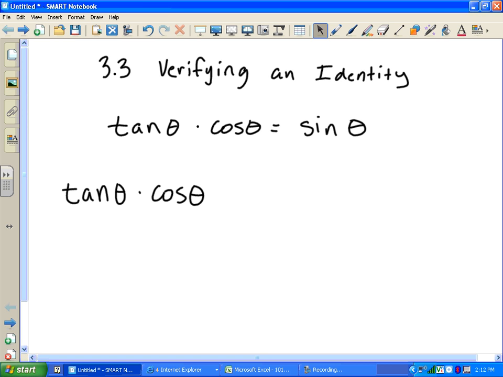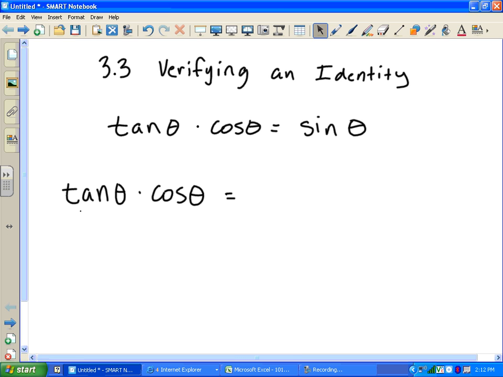They do everything across instead of working vertically, which I don't really care for, but I'm going to work the way they do so you can familiarize yourself with going horizontal. What I'm going to try to show now is this is somehow equal to the sine of theta.